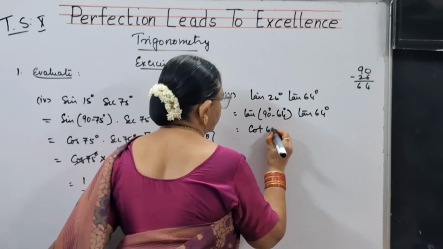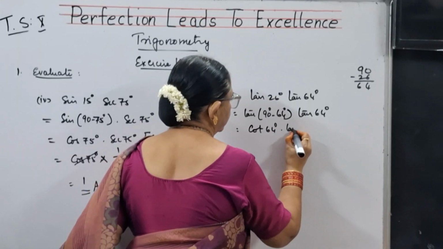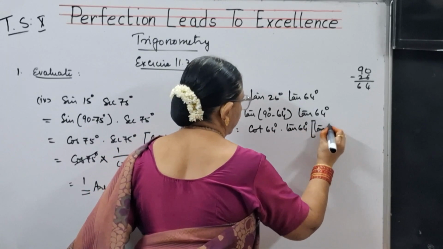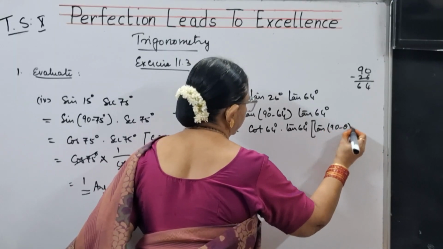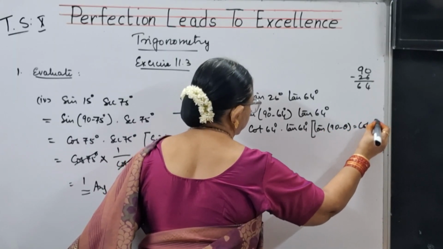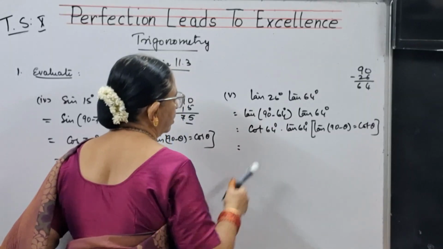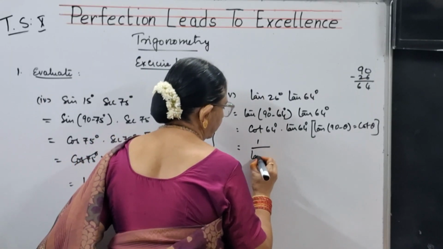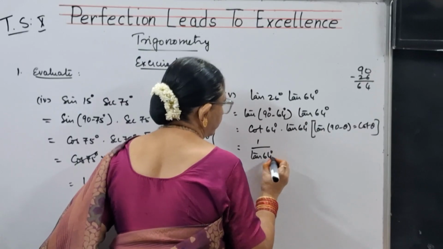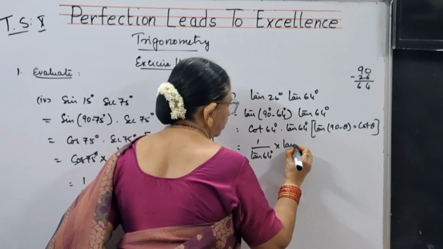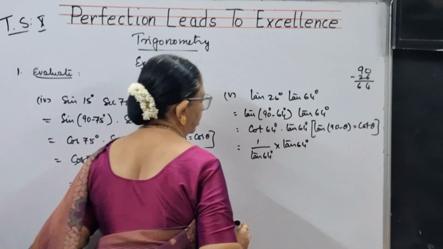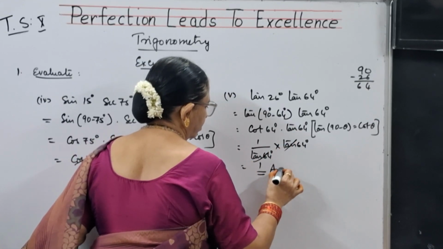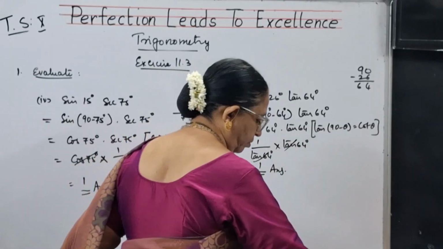So cot 64 degrees into tan 64 degrees. The reason here is tan 90 minus theta is equal to cot theta. Cot theta is nothing but 1 by tan theta. So 1 by tan 64 degrees into tan 64 degrees you will be getting. These two will get cancelled. 1 is the answer. So note it down, children.